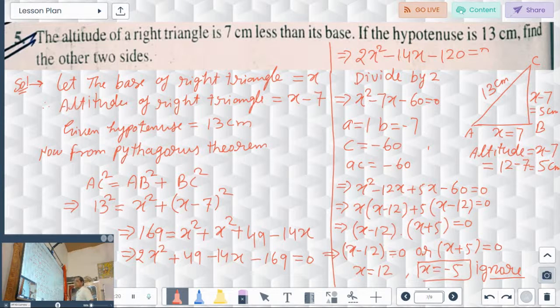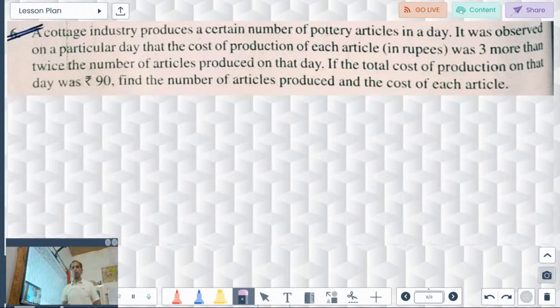The other two sides: base is 12 centimeter, okay, and altitude is 5 centimeter. Answer. Okay, now let's calculate question 6.